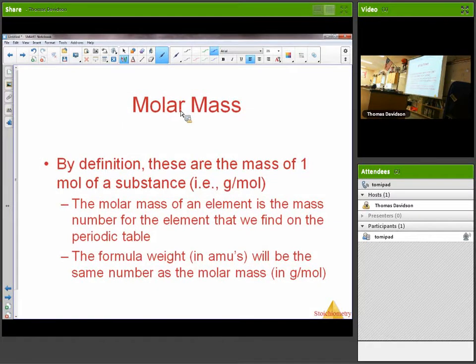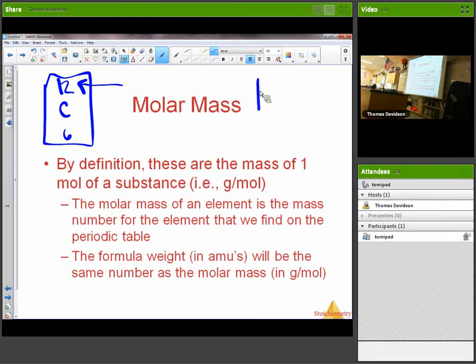When you look at the periodic table and it says carbon has a 6 and a 12, the molar mass is that 12. I write it as 12 grams per 1 mole, because I'm lazy, and writing on the plate and picking up and moving requires too much time.